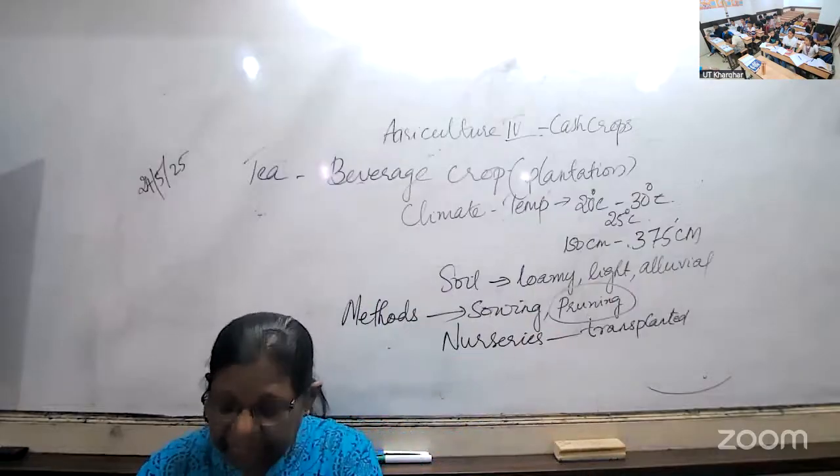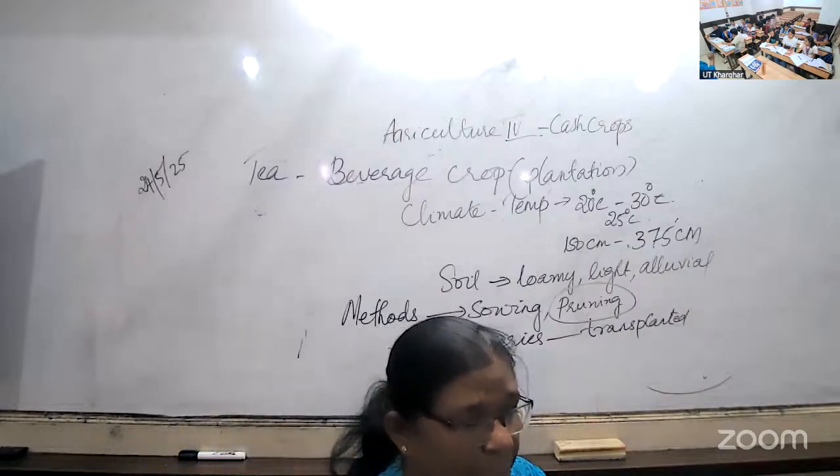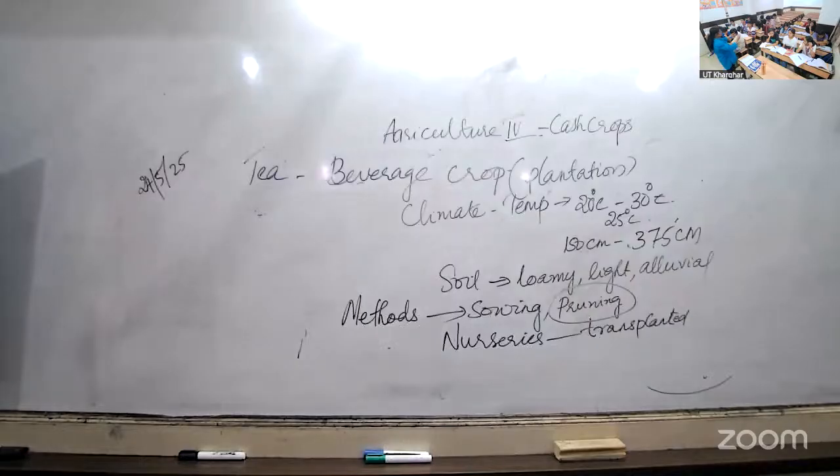The tender leaves are to be plucked with a lot of care, because if the leaves are matured, the quality of the tea leaves will not be good. So high expertise is required to see that it is 2 leaves with the bud.